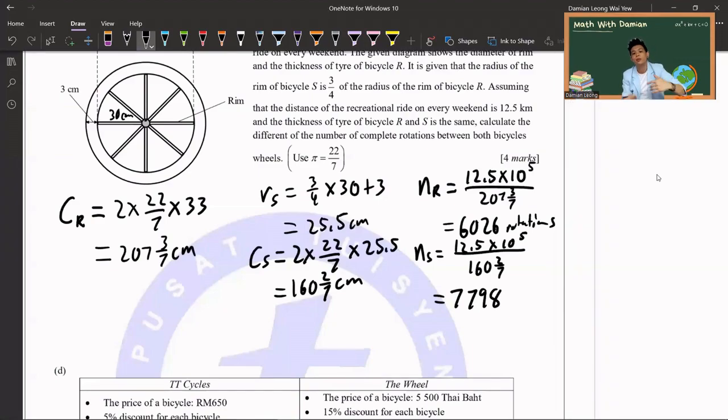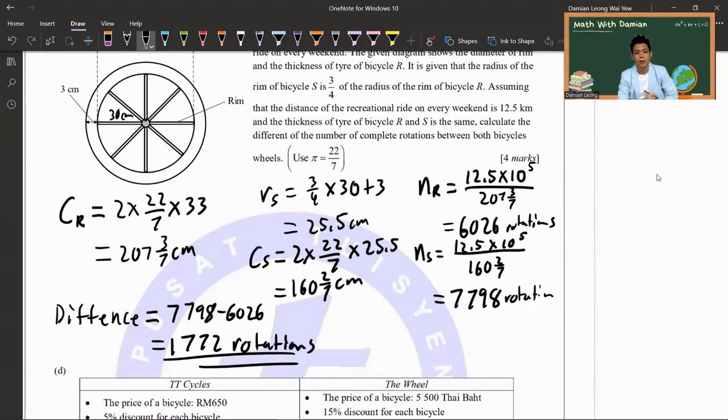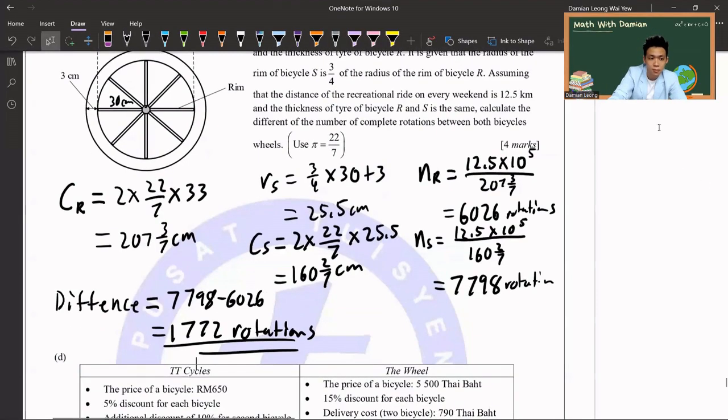Don't round up, we round down, because I just consider complete rotations. So incomplete one, even if it's 0.9, is still not a complete rotation. So the difference will be 7798 minus 6026. So a difference of 1,772 rotations. That's the difference.